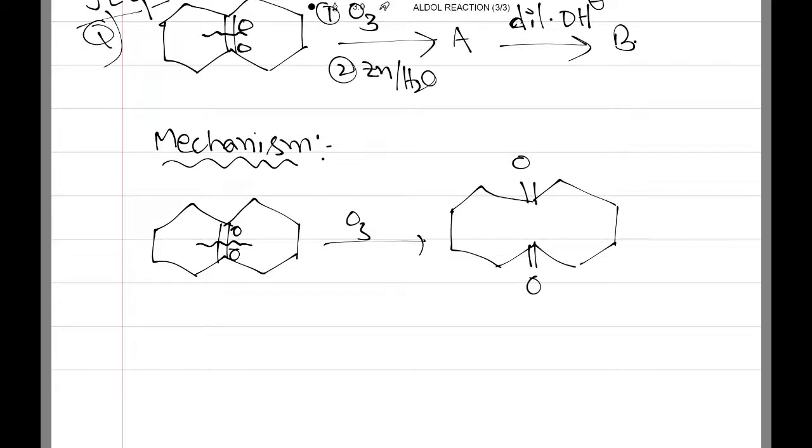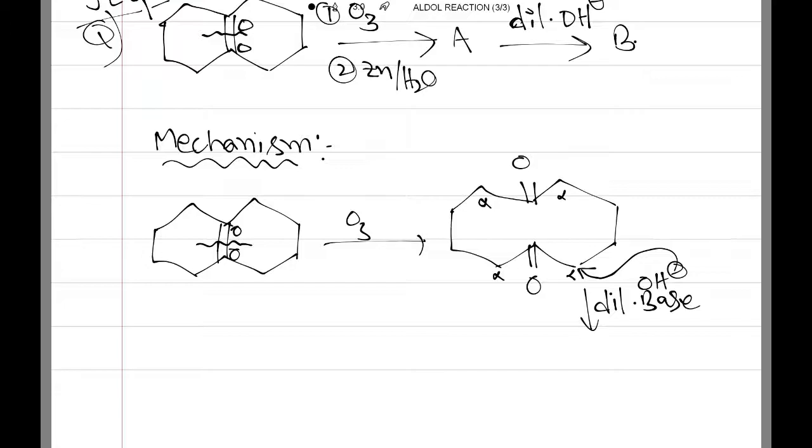Now this reacts with dilute base. The dilute base will take the proton from the alpha carbon. We have 4 alpha carbons here, and the base can take the proton from any of these carbons. I am taking the proton from this carbon.